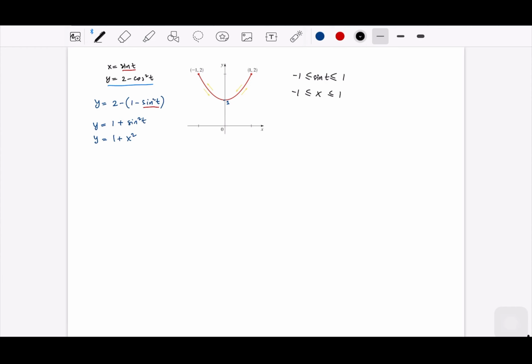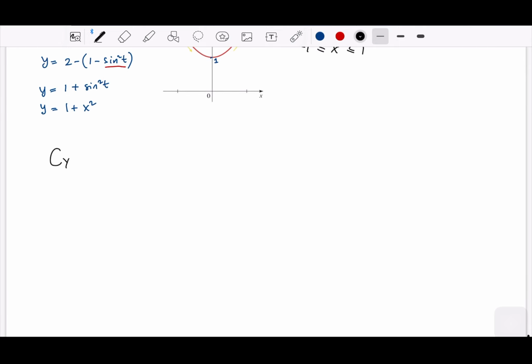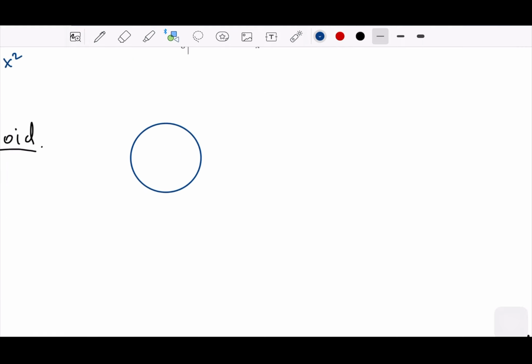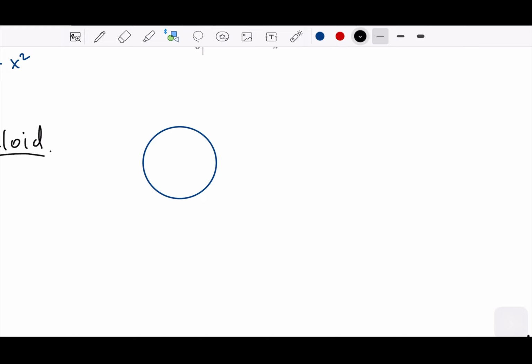Another interesting parametric equation is the cycloid. Cycloid is if you have a circle, like maybe let me draw a circle here. Okay, imagine we have the circle, and the circle will have a circular motion along this straight line.